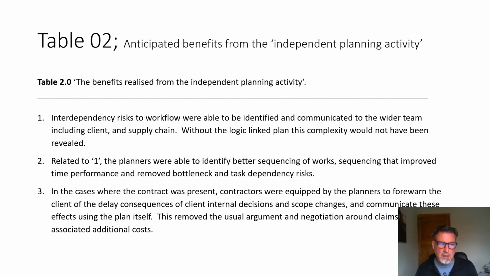So that enormously equipped our otherwise green postgraduates to really take command of the situation, develop a better sequencing of works and promote that, remove bottlenecks and task dependency risks, and forewarn the client about consequences to delays that they might otherwise cause, which in itself reduced the possibility of claims for delay and therefore conflict around the contractual activity.